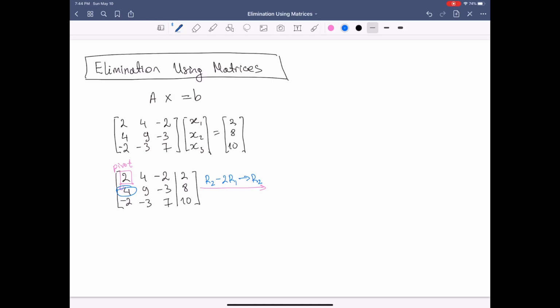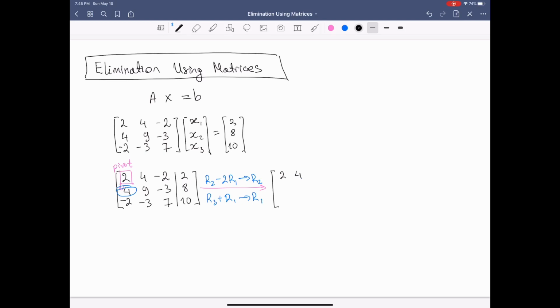Now for the third row, the operation was R3 plus R1 into R3, and this produced an equivalent system, so not the same, but a system for which the same x's would work that looks like this.